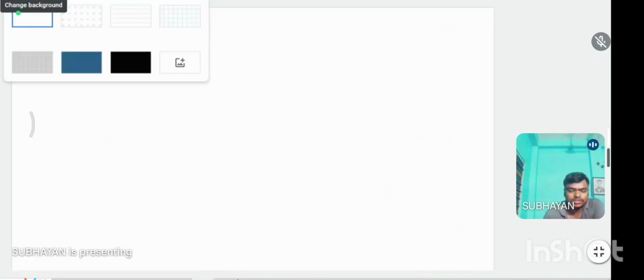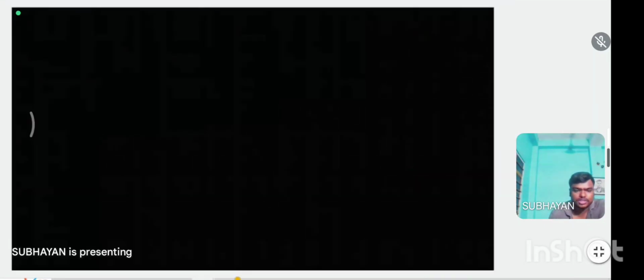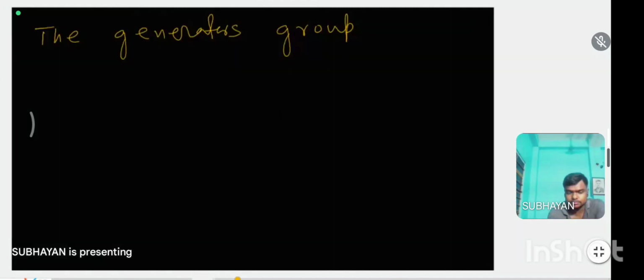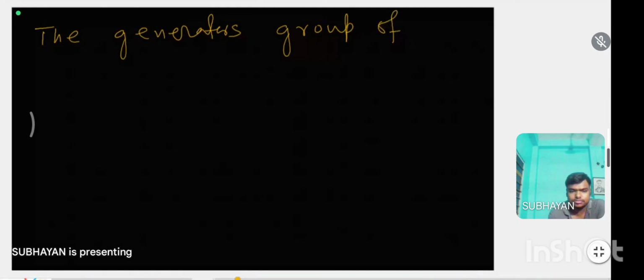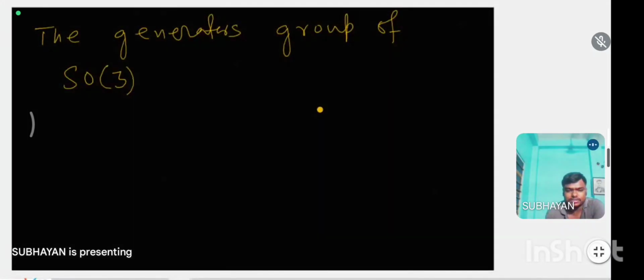So the generator group of SO3 has elements Jx, Jy, Jz, and you know the matrix form of these.